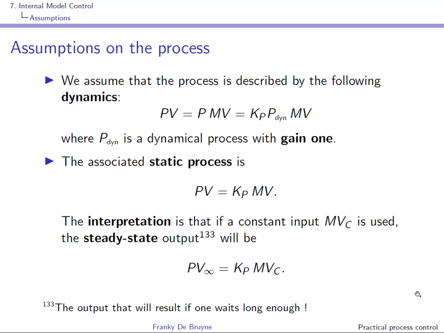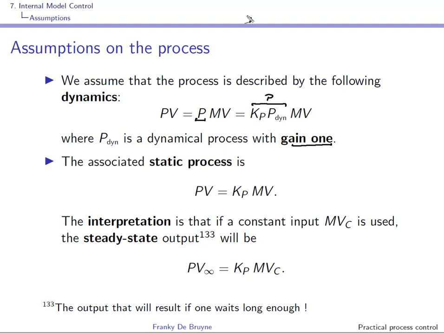The idea is that we build up the internal model control from scratch so that you understand the ideas that are behind this control strategy. We assume that the process is described by a transfer function P that describes the dynamics of the system, and that we can split P into a static gain and another transfer function that describes the dynamics but that has gain 1.